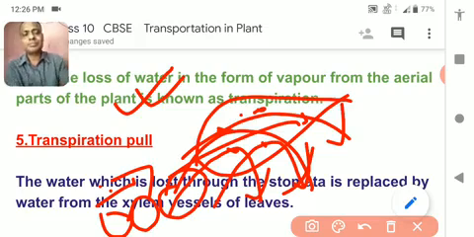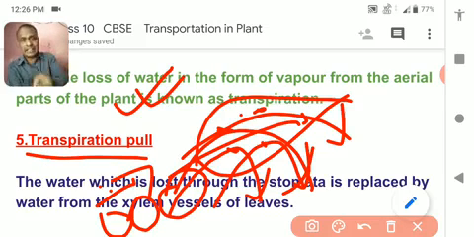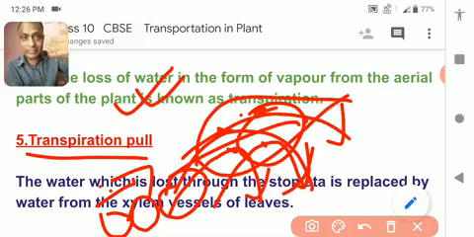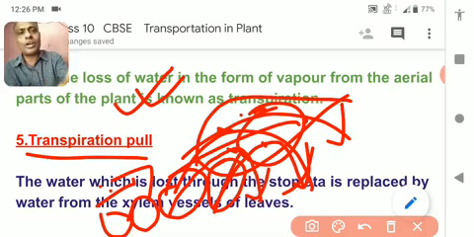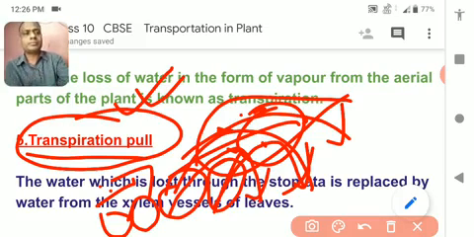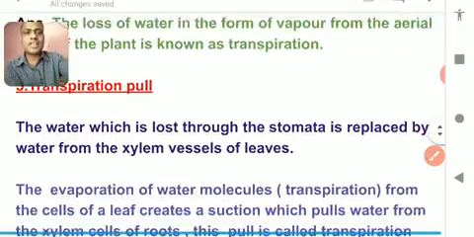As the water moves out, it always exerts a pressure on the adjoining cells to draw the water from the lower side. Because the water of the leaves has been evaporated, it creates a pressure on the xylem column to draw the water. So this pressure is called transpiration pull. So what is transpiration pull?